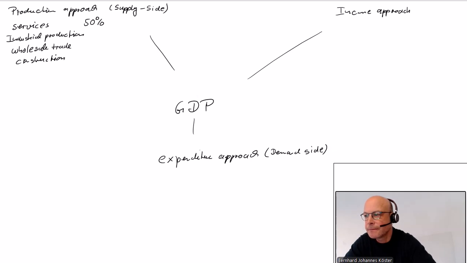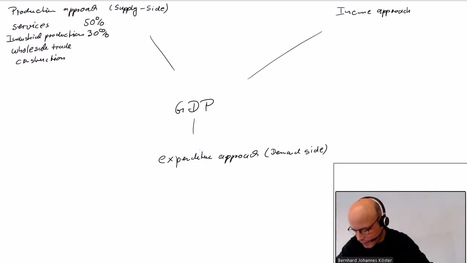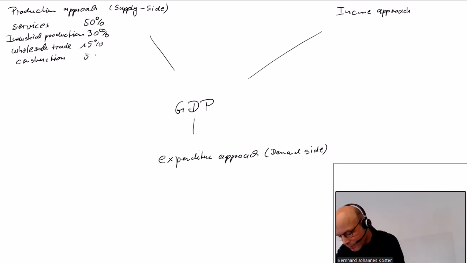Industrial production, roughly 30%. I thought I had 25 or 30. Okay. Well, wholesale trade, this was roughly 15%, and the last one with roughly 5%.